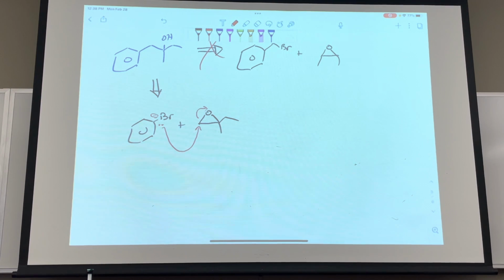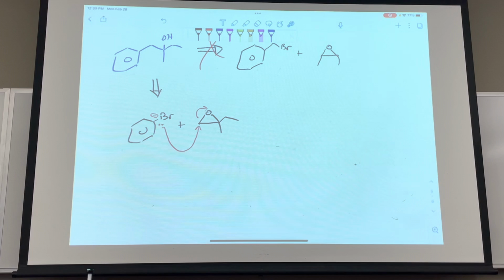All right. Any questions on this? So the beauty of this epoxide chemistry, it can dramatically shorten your synthesis when you can see how to use it. Beforehand, we could have made this structure without epoxide chemistry, but you would probably have needed to do at least 3 Grignards.